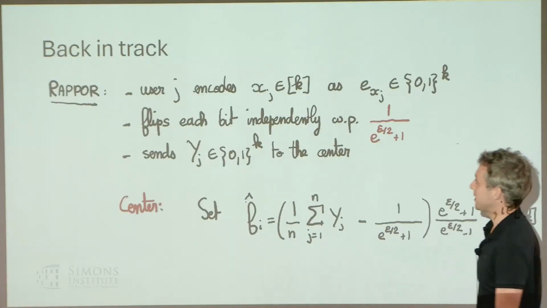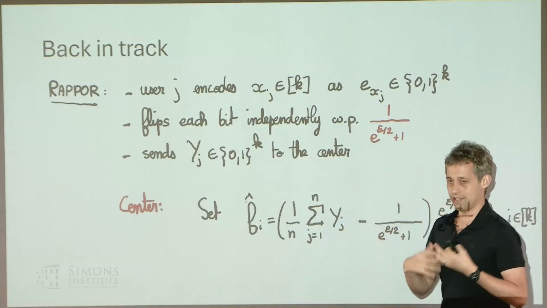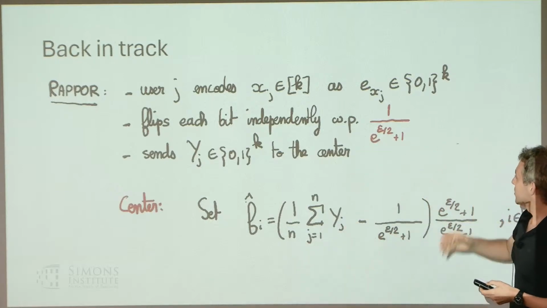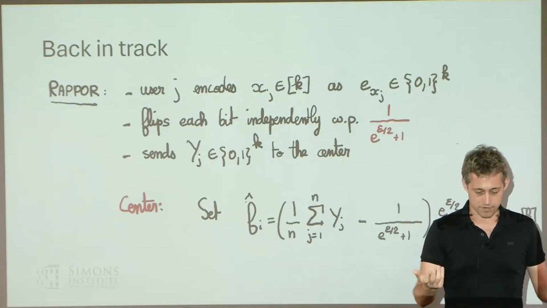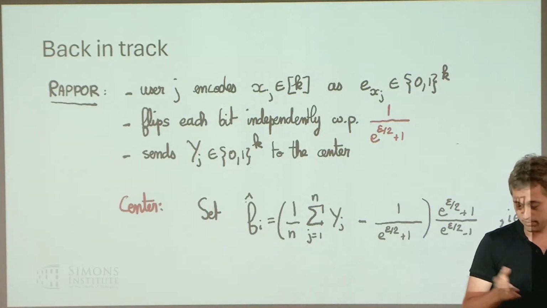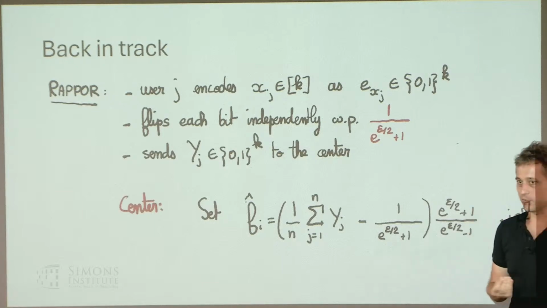Back on track. Here's a very simple algorithm, not simple, but conceptually very simple, to do frequency estimation. I'm a user. I've got a number between 0 and k. Okay, let's say between 1 and k. I just look at that as a huge vector with 1 bit set to 1, the one that corresponds to my number.